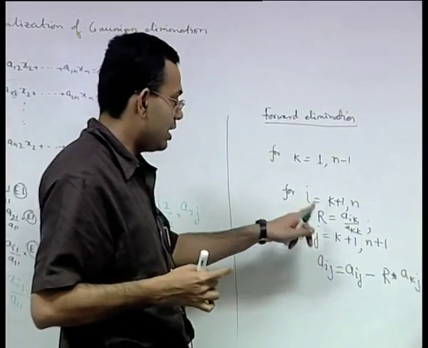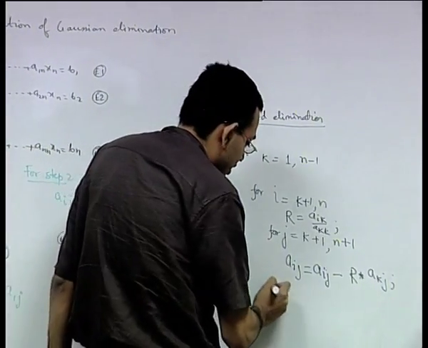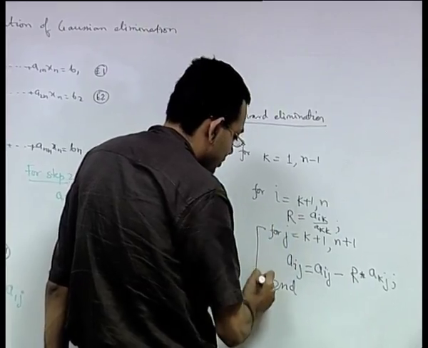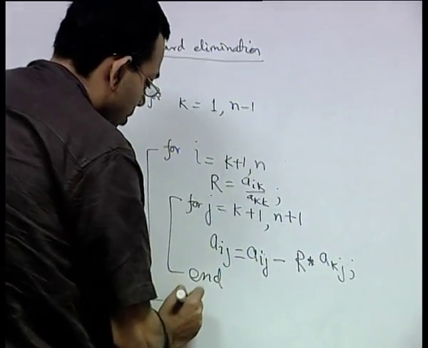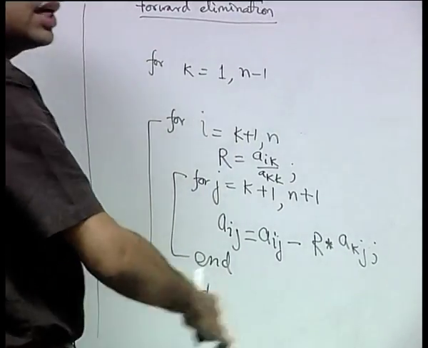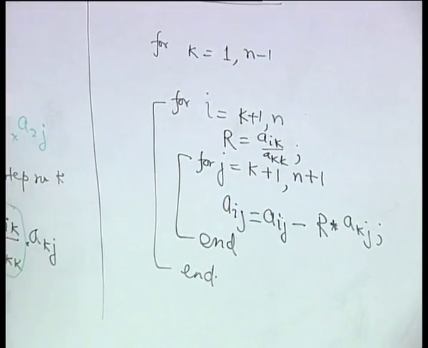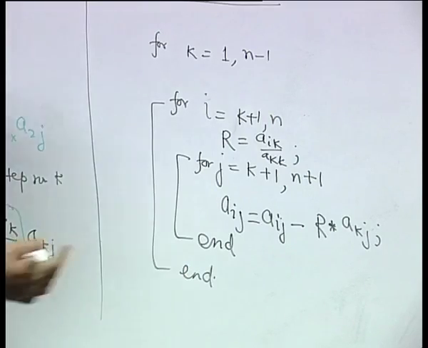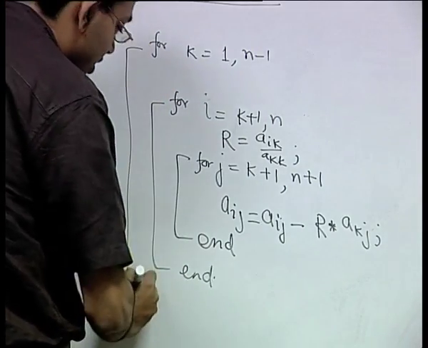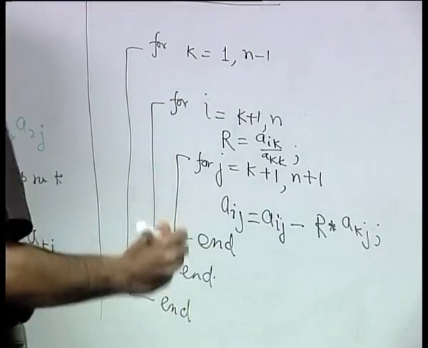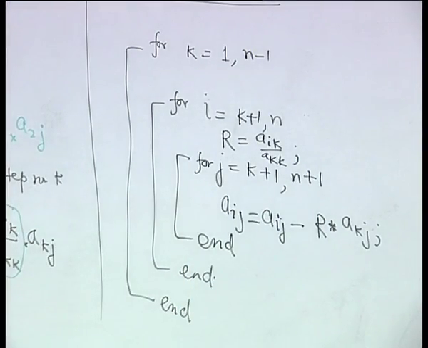So you put it outside the loop, then you end each for loop with an end. Remember this is not any programming language that we are writing, it is just like a pseudo code, you can convert it into a corresponding programming language as per your choice. So this is the forward elimination part.